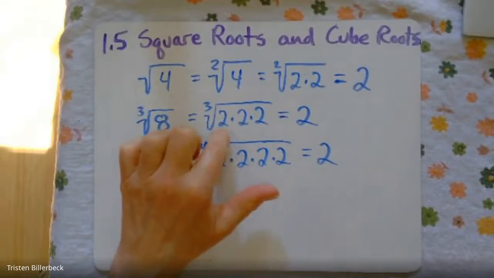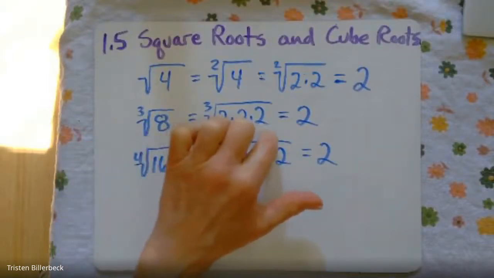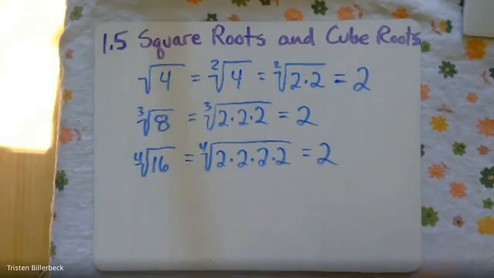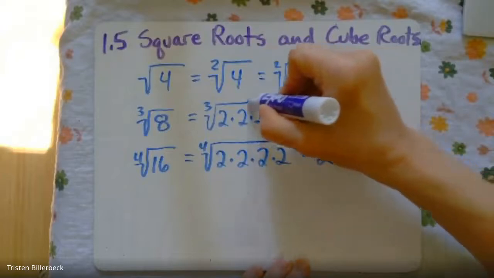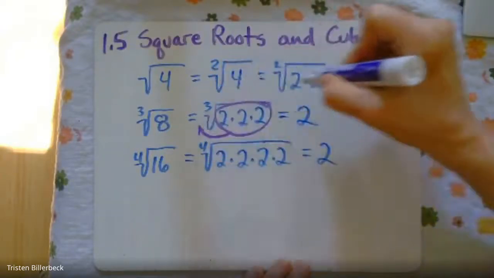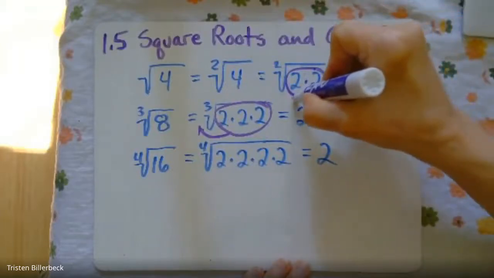So we have 2 times 2 times 2 equals 8. There are 3 2s in here, so they get to leave as a united front of 2, just like these 2 got to leave as a united front of 2.